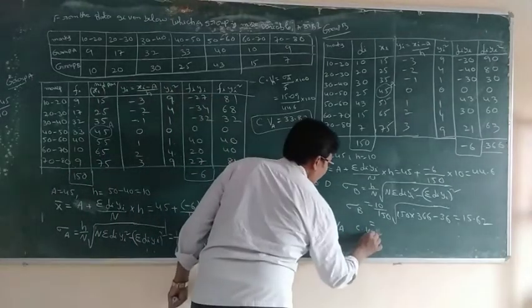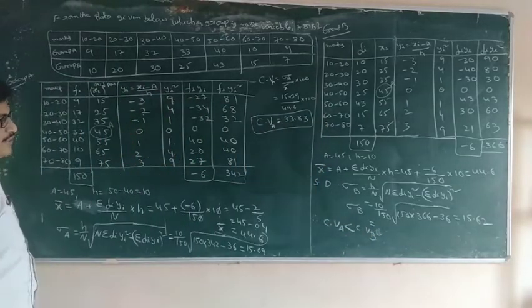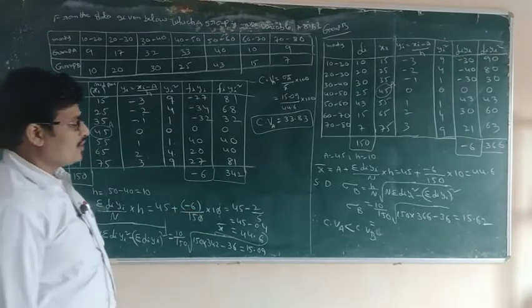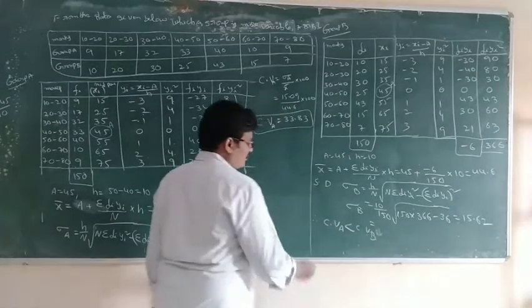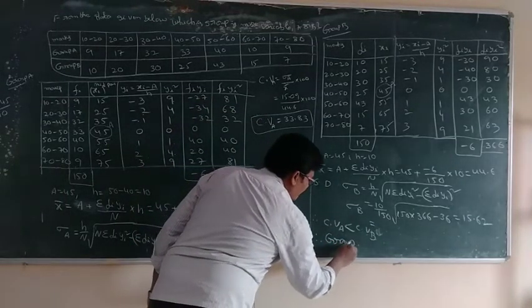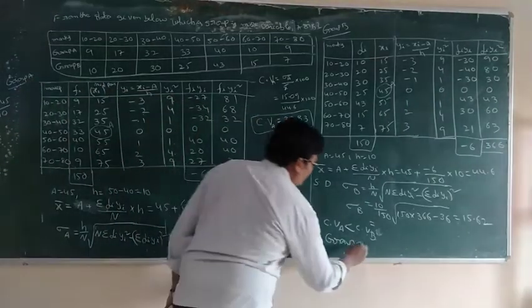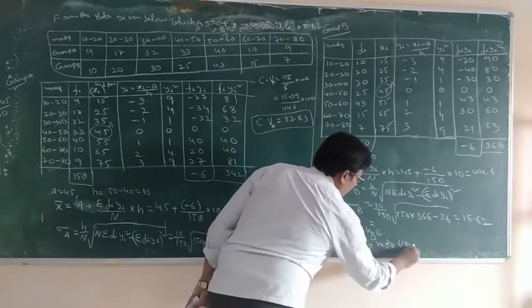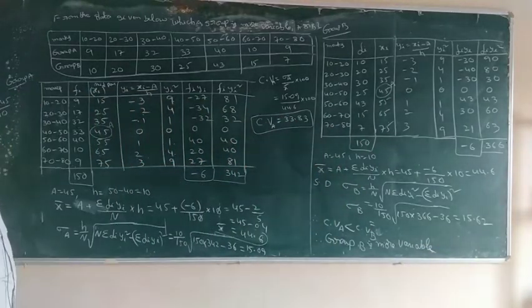Group B. More variable means greatest value. Group B is more variable.